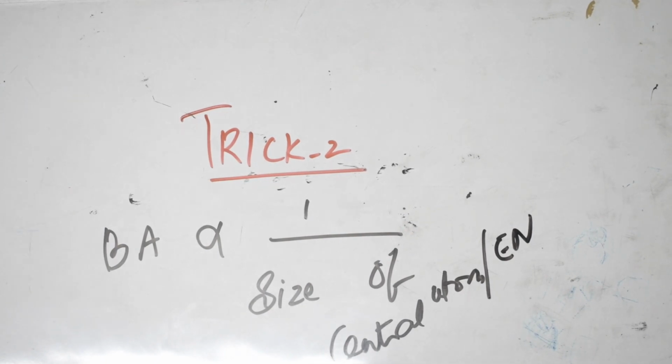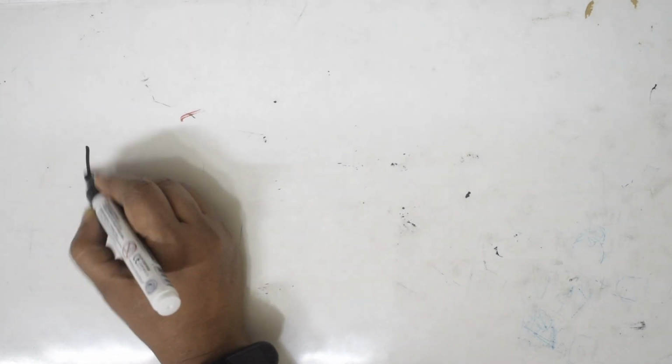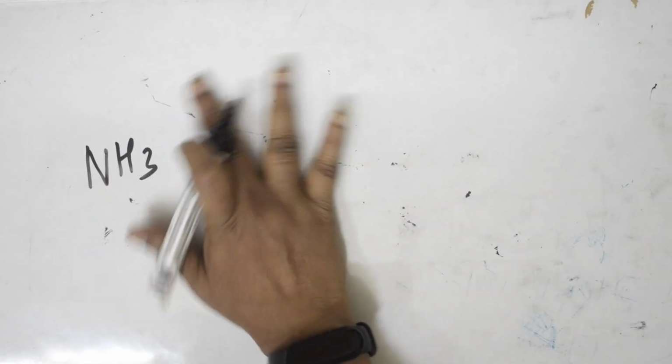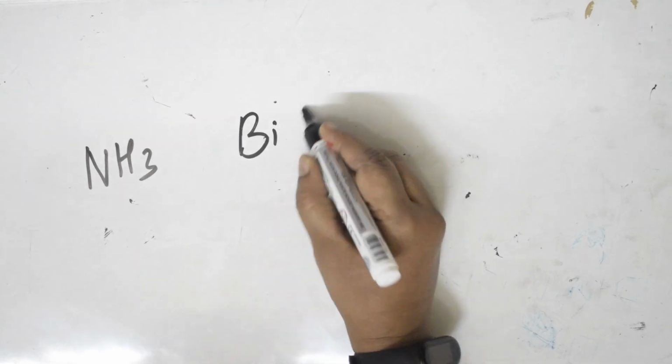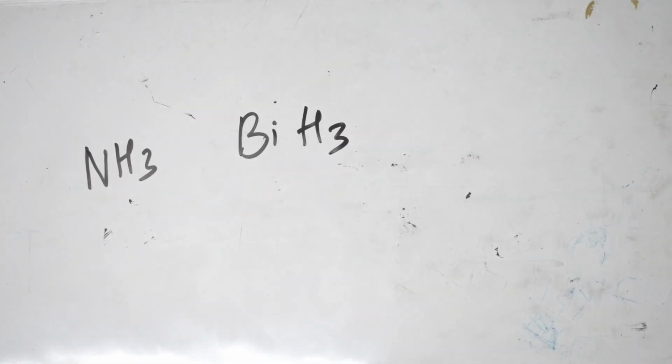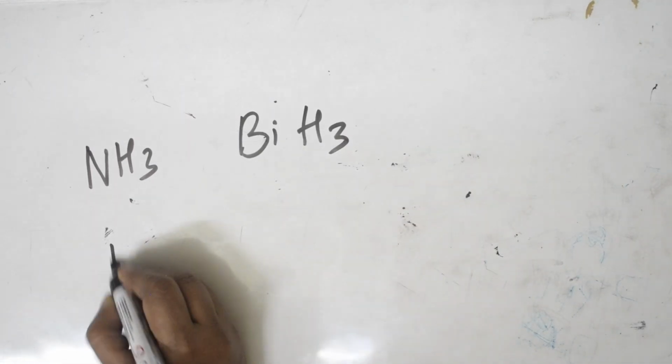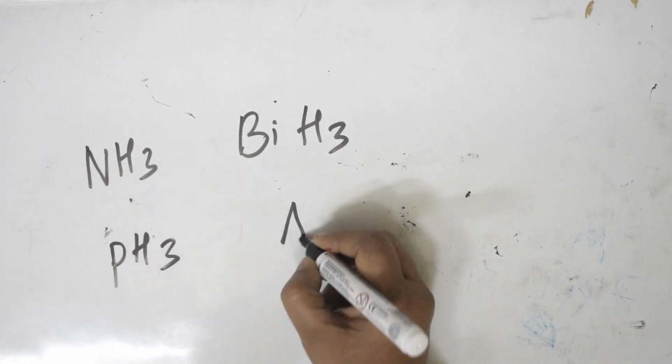Here I have different molecules. I have a molecule that is NH3. I have a molecule which is BiH3. I have a molecule which is PH3. I have a molecule that is AsH3.